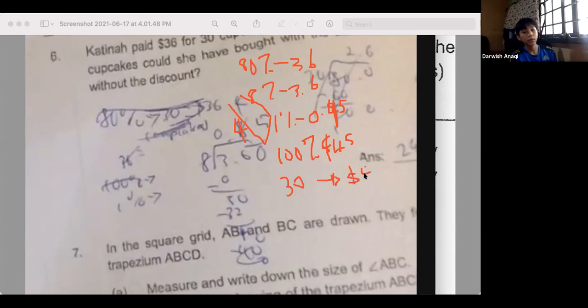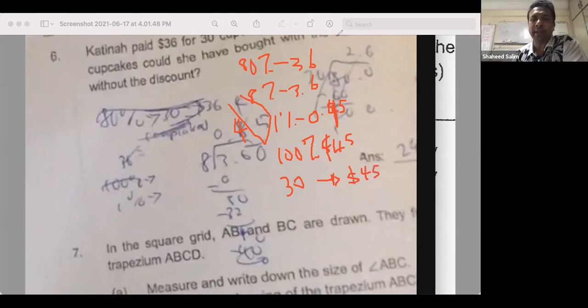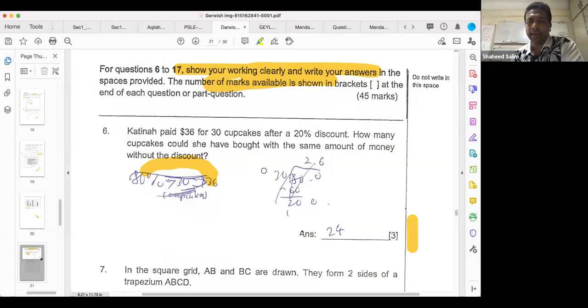$1.50. So the question is asking you, how many cupcakes could she have bought with the same amount of money? So $36 divided by 1.5, right?